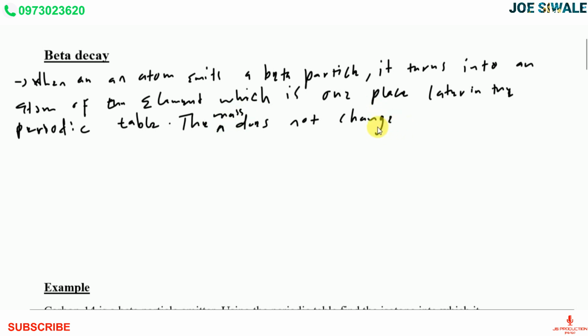And the atomic number will increase by 1. So during a beta decay, the mass does not change, but the atomic number will increase by 1.